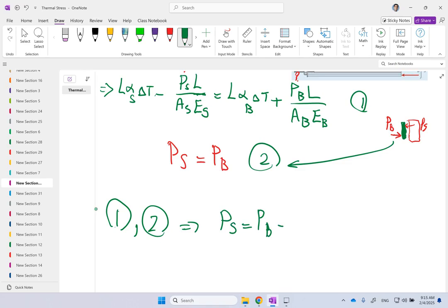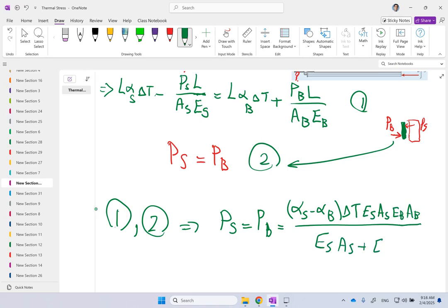They are equal to alpha S minus alpha B, times delta T, times ESAS EBAB, this whole thing divided by ESAS plus EBAB. So this is the force in both of them.